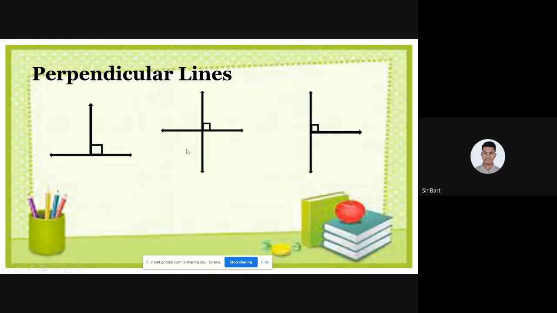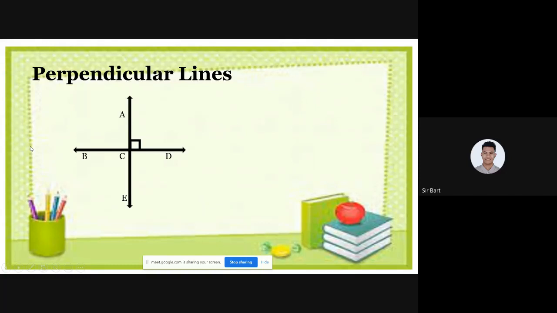And the symbol for perpendicular lines is like an inverted T. Line EA is perpendicular to line BD, and they form 90 degrees.